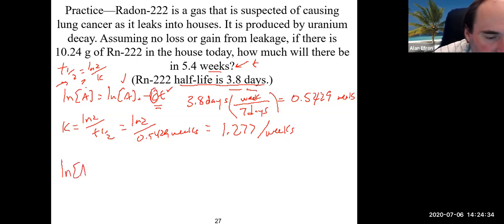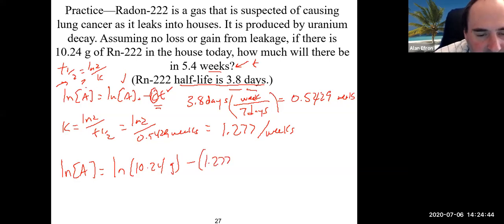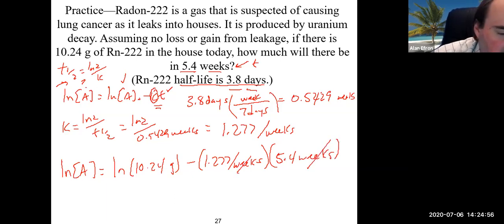Natural log of A equals the natural log of our initial, which was 10.24 grams, minus our 1.277 times 1 over weeks. That works well because our time is 5.4 weeks. You want to make sure that these are the same units, so everything cancels. You could have gone days on both as well.